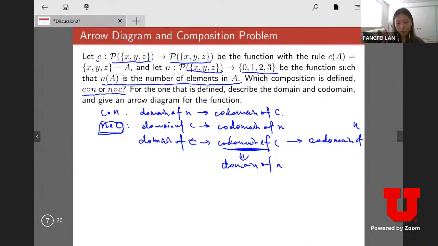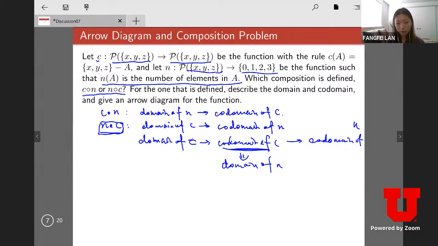So if we look at C and N, which one has to go first? The codomain of one function needs to be the same as the domain of the other function, right?